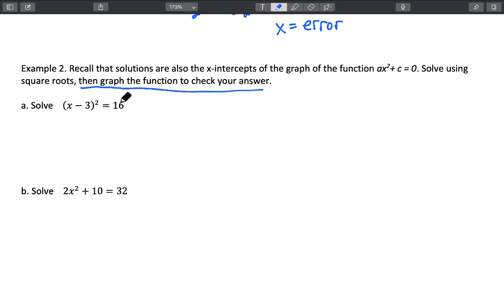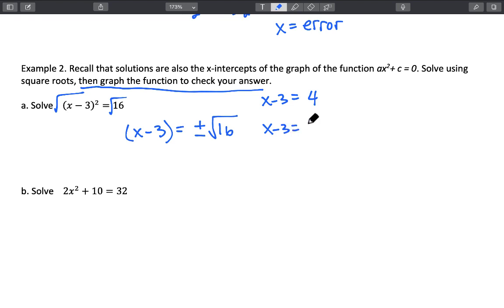So I can start by undoing the square on both sides to begin. Now that leaves me with just x minus 3 equals both the positive and negative square roots of 16, which remember is 4. So that means x minus 3 equals positive 4, and x minus 3 equals negative 4. Oops, I forgot my negative there.